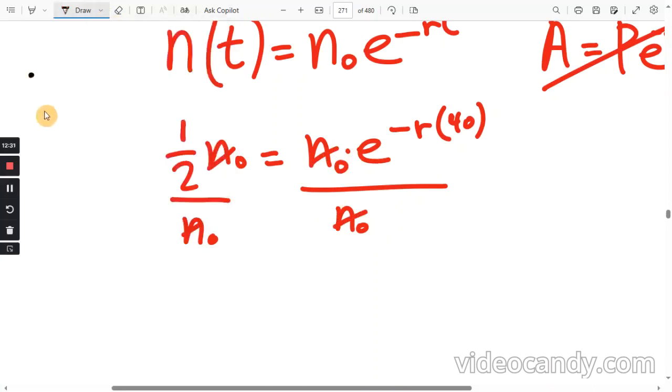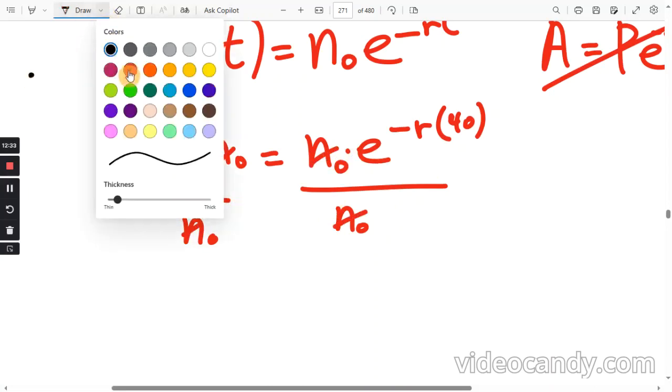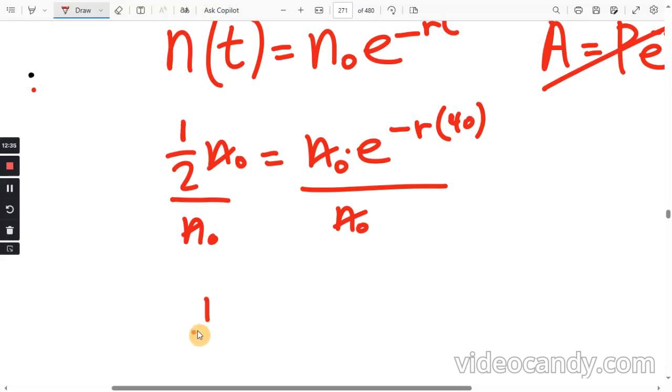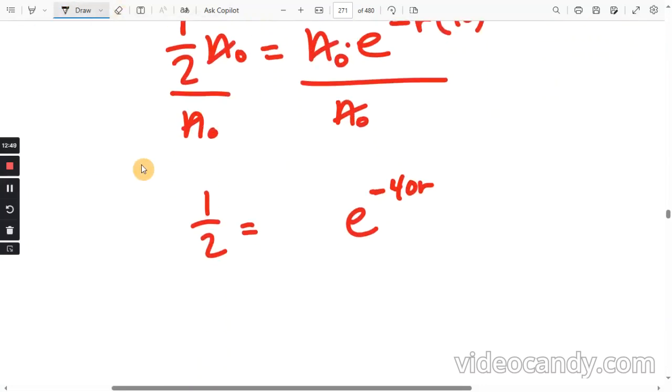All right. Actually, before I go to the different color, let me rewrite 1/2. And that equals e to the negative r times 40. So that's negative 40r. How do we isolate that exponent? Well, we need to do log on both sides. Should we do log or natural log? Let's do natural log because we have an e.